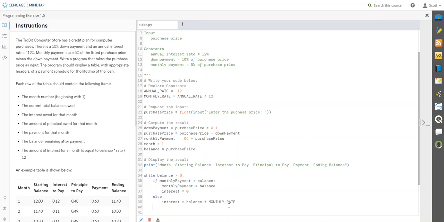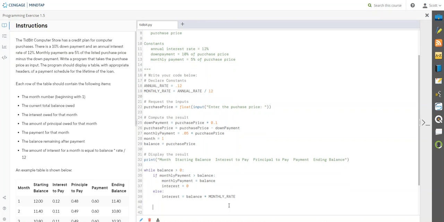I'm not in that conditional anymore, but I'm still in this loop. And I'm going to come up with my principal. So principal equals monthly payment minus interest.